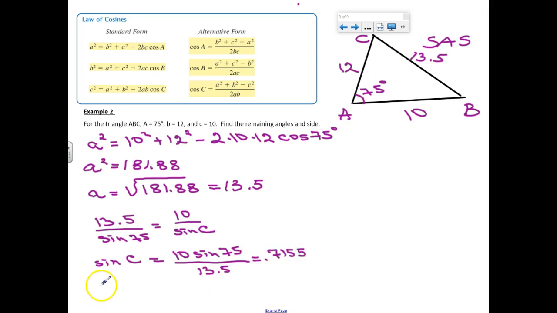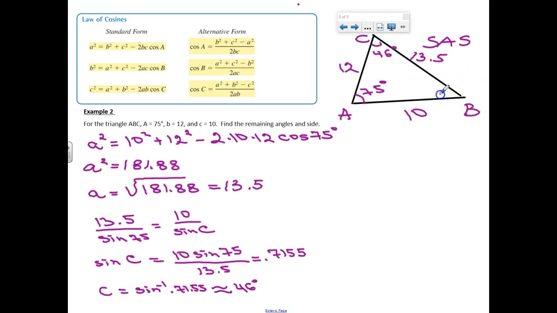When you put this in the calculator, it is 0.7155. Now this gave me the sine of C, but I just need actual angle C. Angle C is equal to the sine inverse of my answer, and that is approximately 46 degrees. So angle C, I have found now, is 46 degrees.